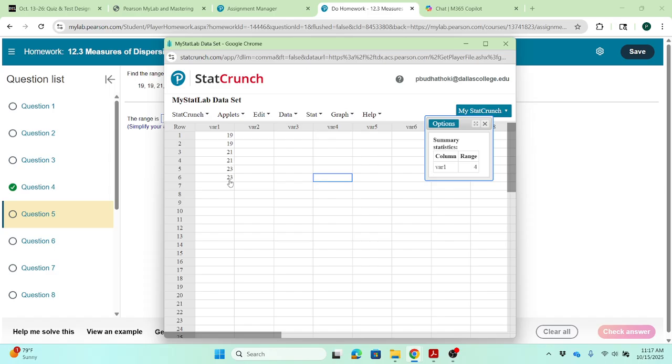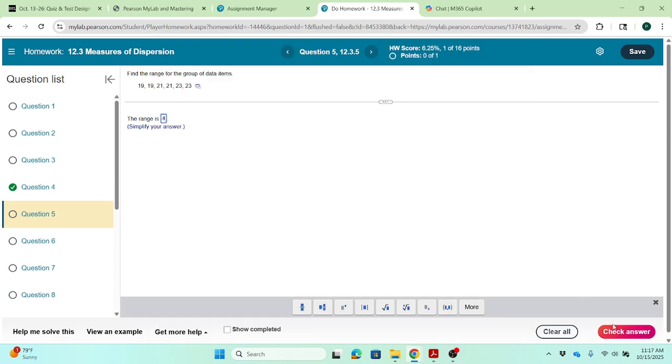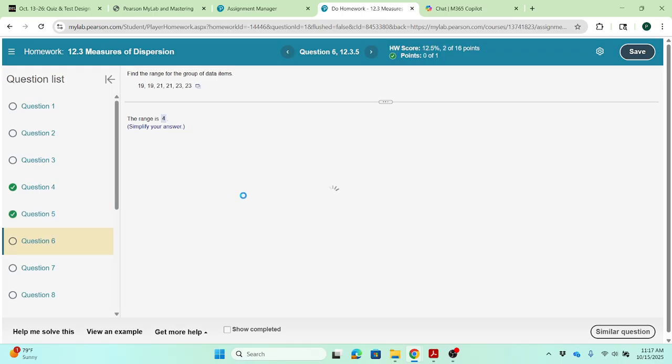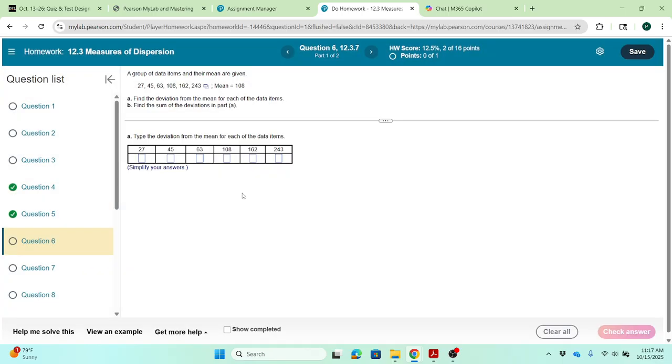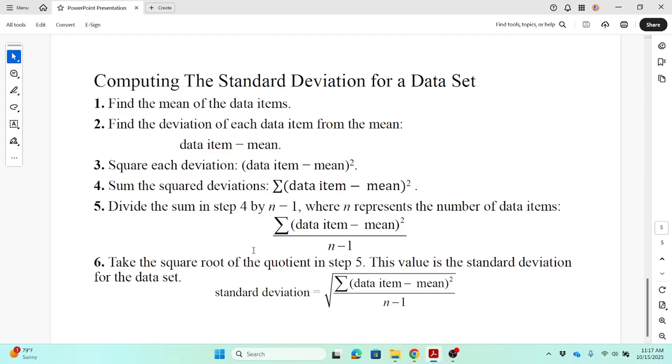It's the difference between the highest value minus the lowest value, which is in this case 4. So you can do it manually if the data set is small. If the data set is very huge, then you can use StatCrunch.